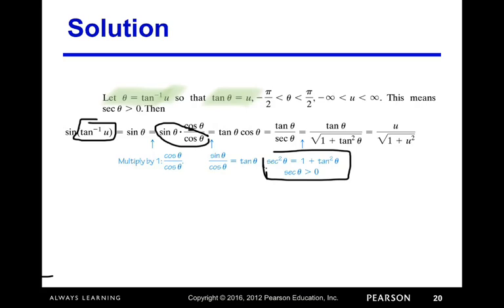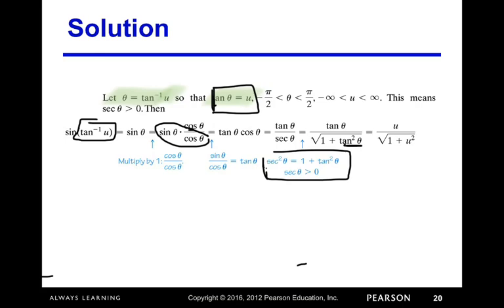And so we can rewrite this, secant squared is equal to 1 plus tangent squared theta. So we have tangent over the square root of 1 plus tangent squared theta. And now we know this, we substitute this in there. Tangent of theta equals u.